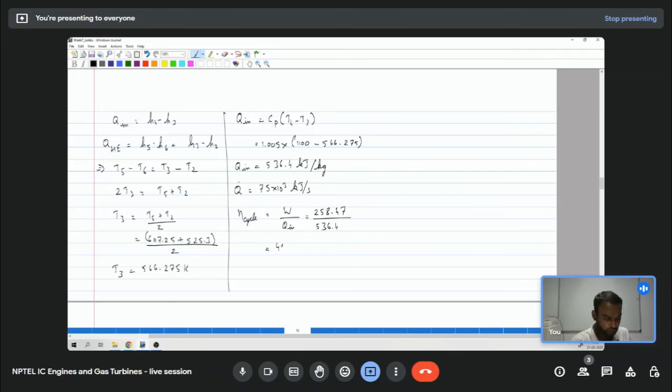This is 48.19%. That means the work power output will be 0.4819 times 75 into 10 power 3 kilojoule per second. So that is 36,139 kilojoule per second. So this is 36.14 megawatt.